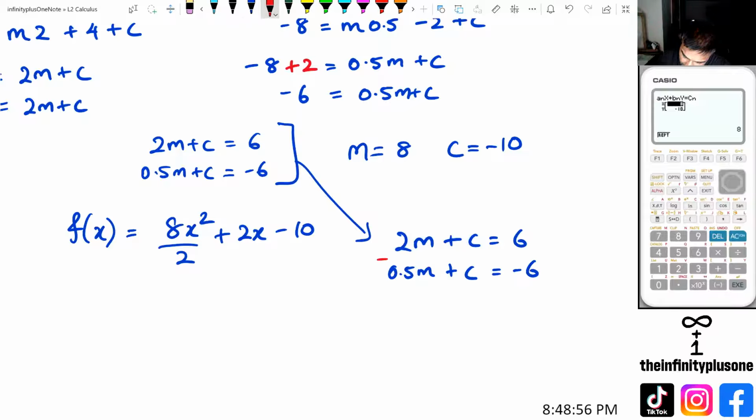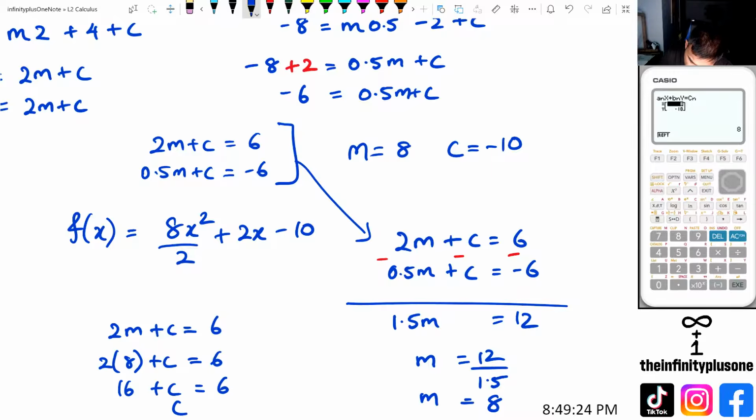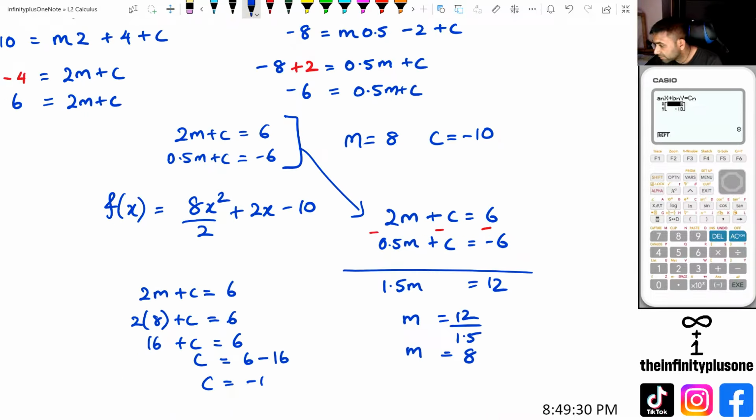I can just subtract c minus c, and what that means is I'm going to get 2 minus 0.5 is 1.5m, c minus c is 0, 6 minus -6 is 12, so m equals 12 divided by 1.5, which equals 8. And then 2 times m plus c equals 6. 2 times 8 plus c equals 6. 16 plus c equals 6. c is 6 minus 16, and that's going to give you negative 10.